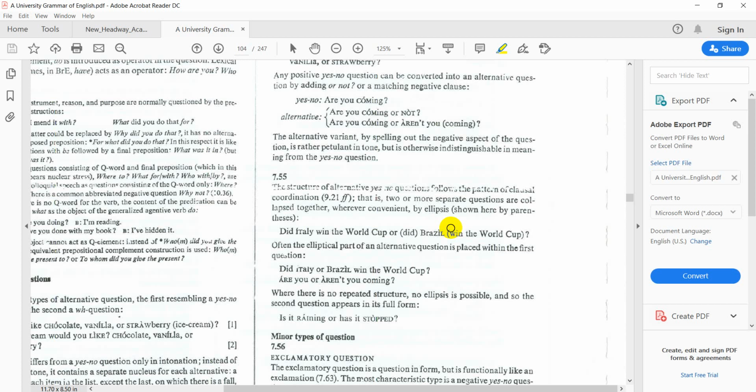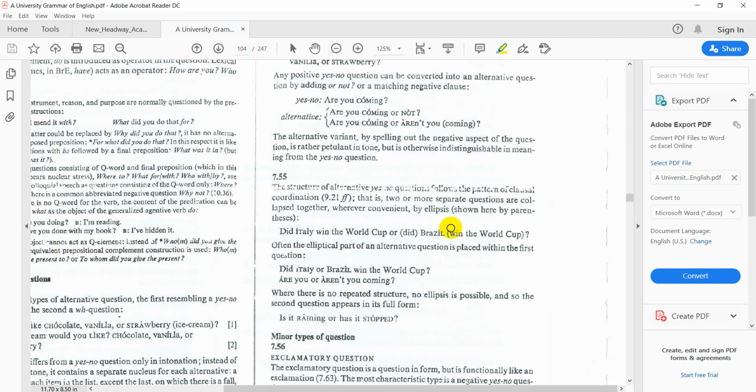For example, Peter ate a cheese sandwich, and Peter drank a glass of beer. As you see, Peter is repeated twice; it is identical in both clauses. So instead of repeating Peter, it is preferable to delete one. So it will be: Peter ate a cheese sandwich and drank a glass of beer.